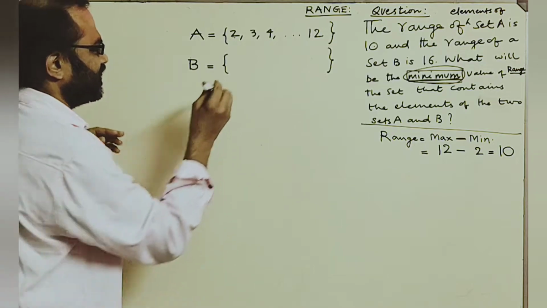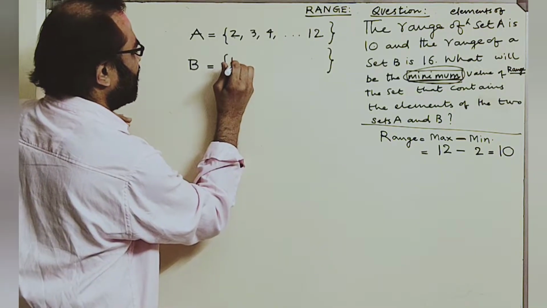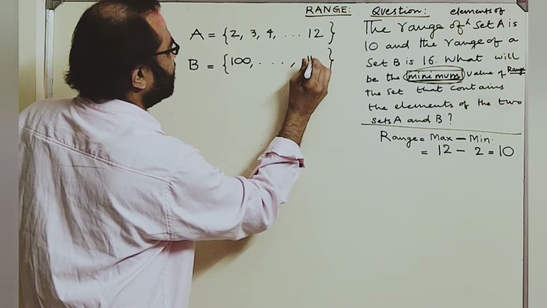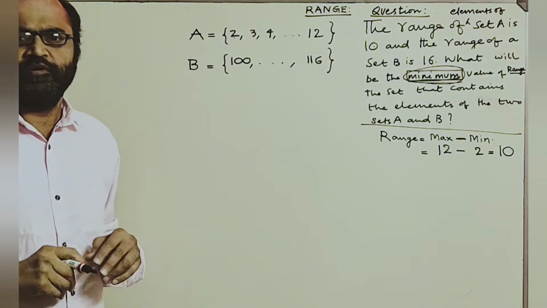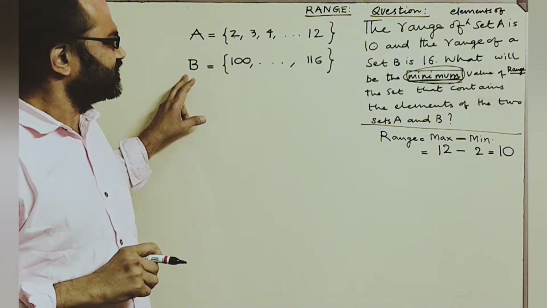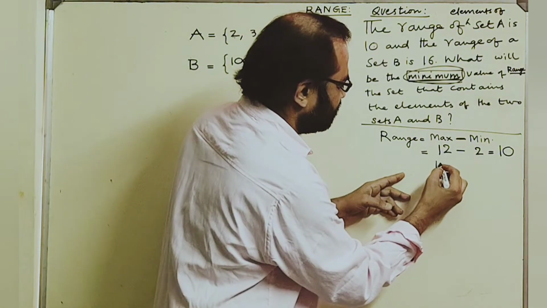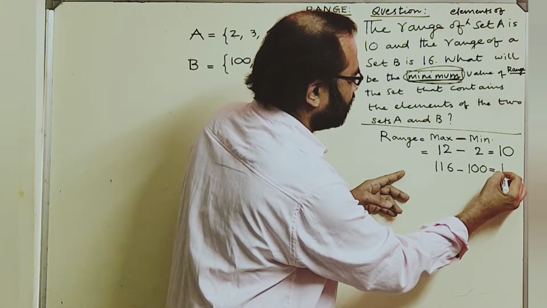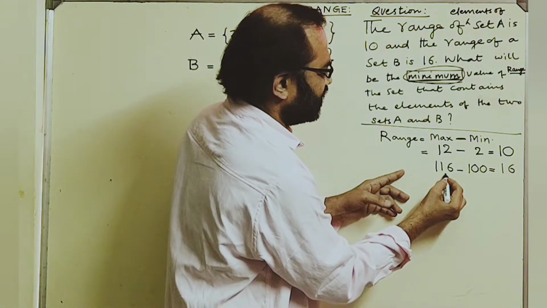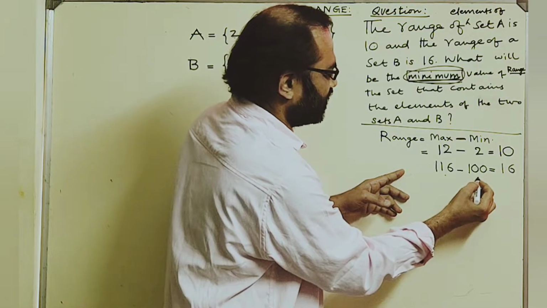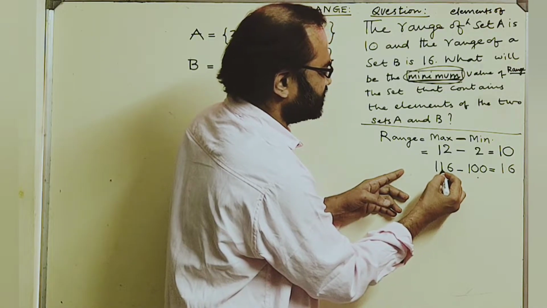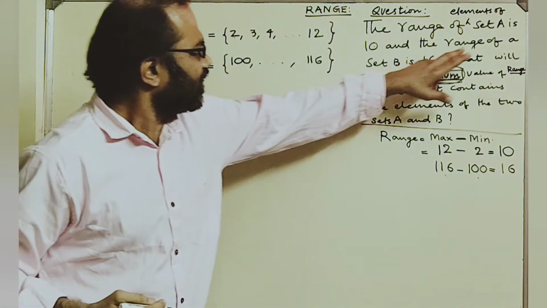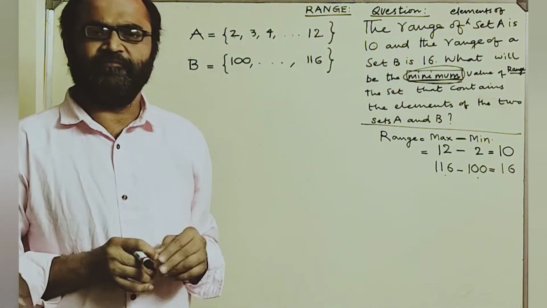Write any numbers as per your wish. I will take from 100 and I will go until 116. So the maximum element in set B is 116 with the least being 100, the smallest number. So the difference of the biggest number and the smallest number in set B, 116 minus 100, is 16. That is, the range of set B is 16.